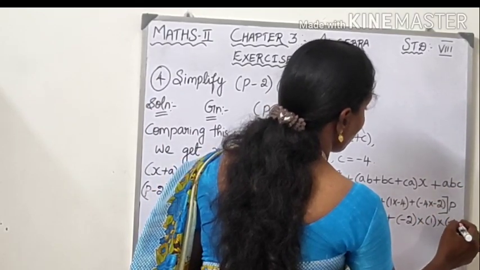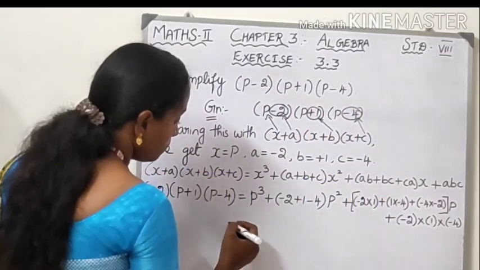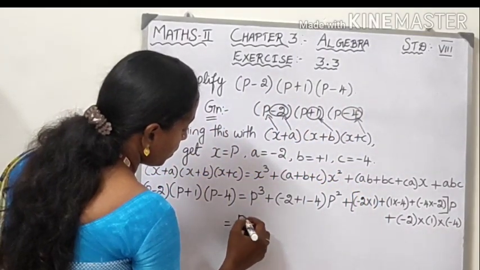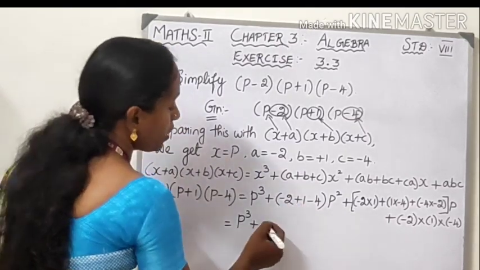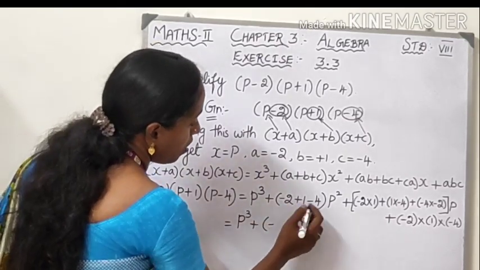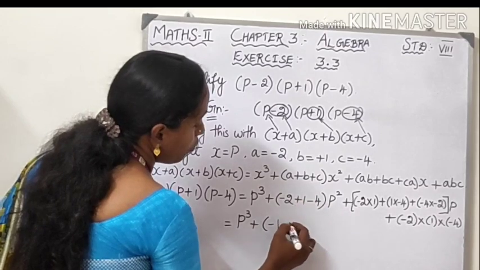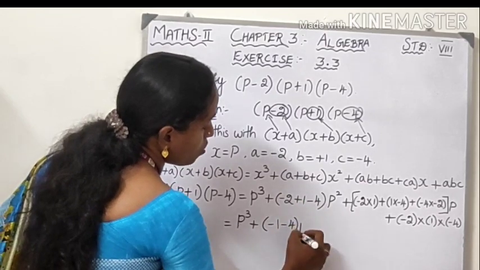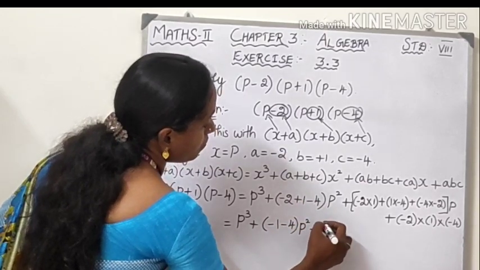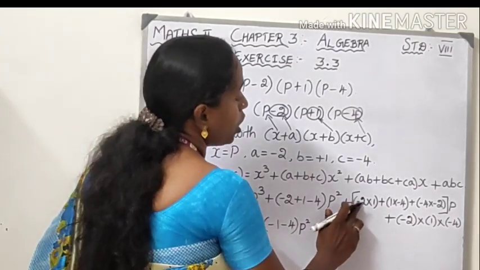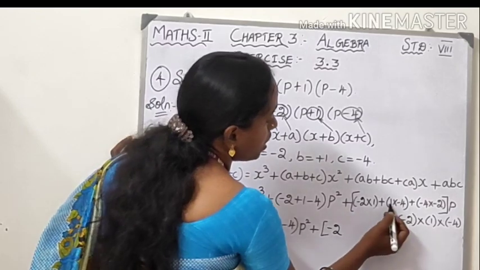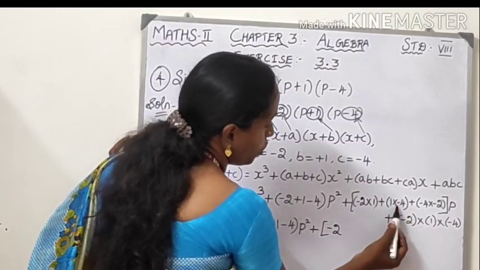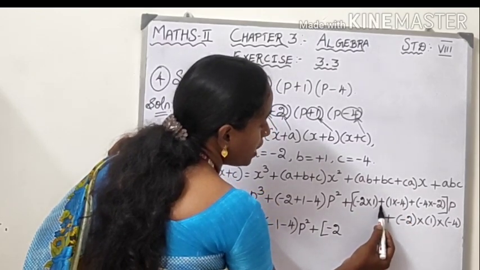It is minus 4. Now p power 3 plus, so minus 2 plus 1 you will get minus 1. Then here we have minus 4 p square plus, inside the bracket now, minus 2 into 1. If you multiply this you will get minus 2. Then here 1 into minus 4, minus 4 you will get minus 4, and here we have plus sign.